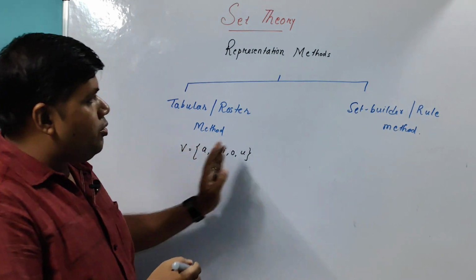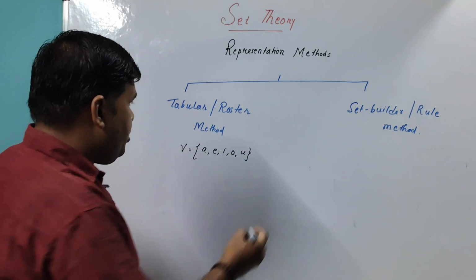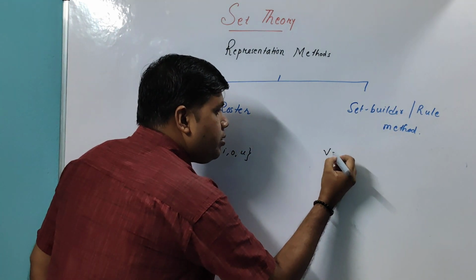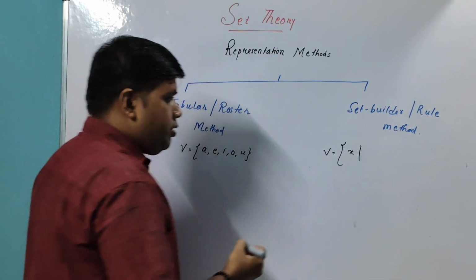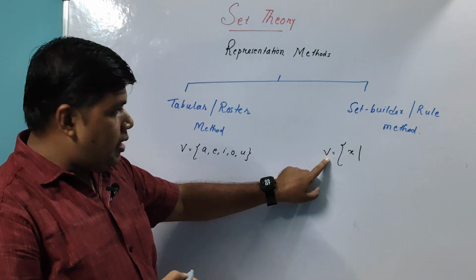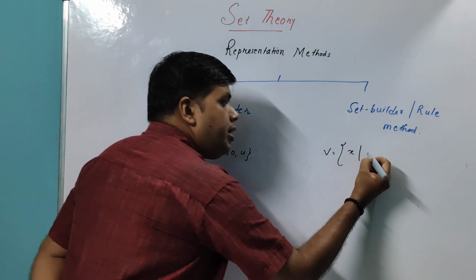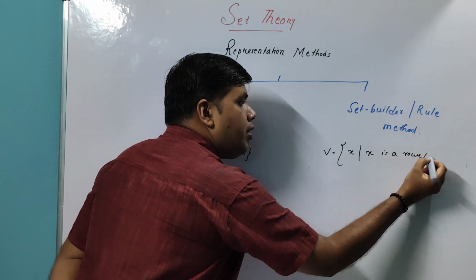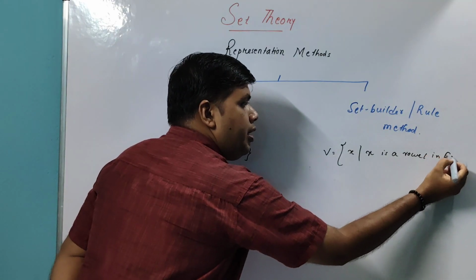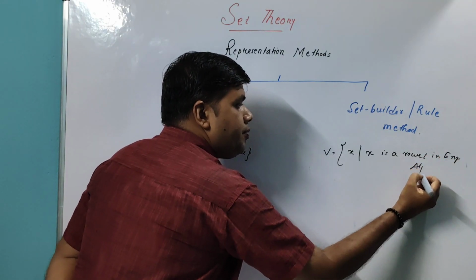If the same thing is to be represented using the set builder method, we have to write: V is the name of the set, x such that x is a vowel in the English alphabet.